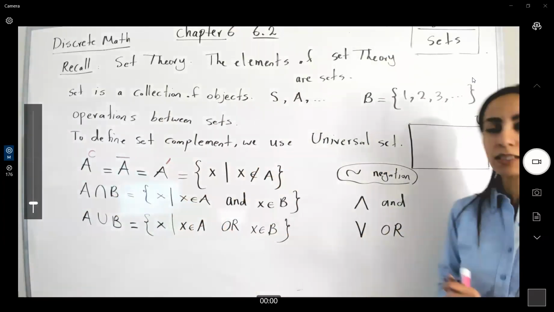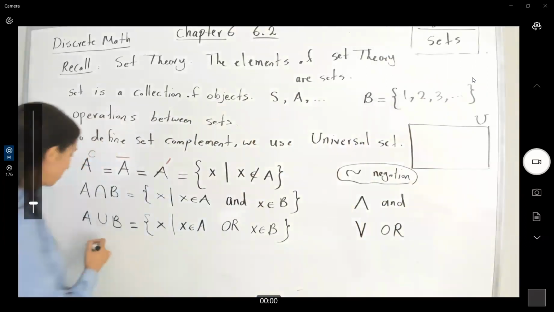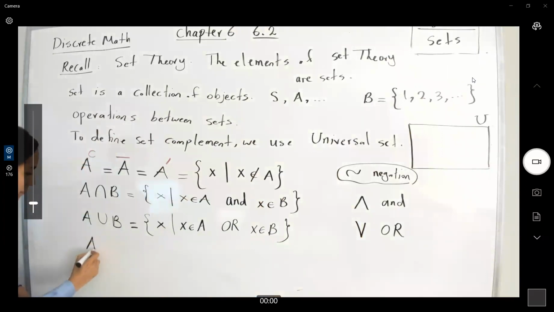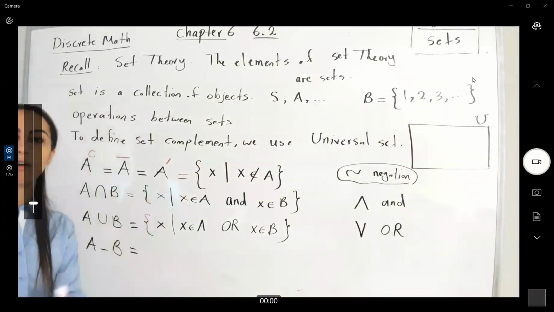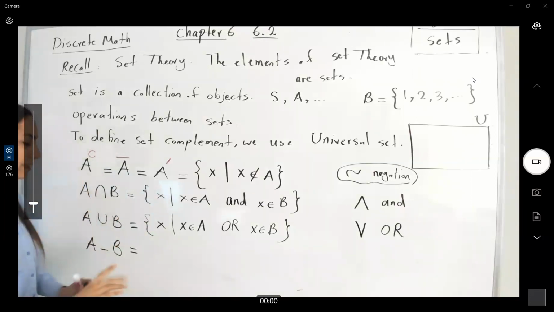We talked about the difference between two sets as well. A minus B includes all the elements that are in the first set, but not in the second set.